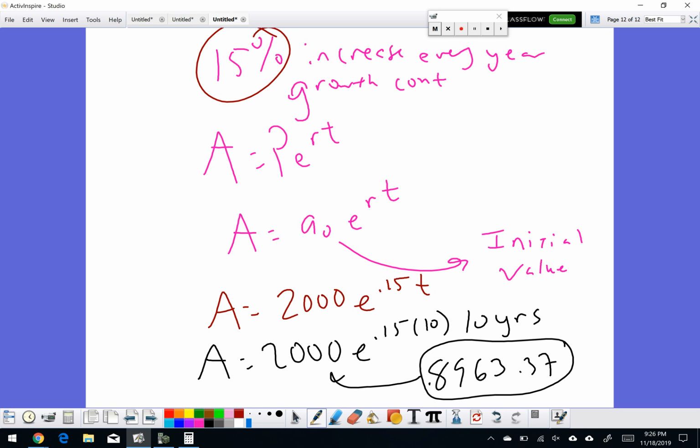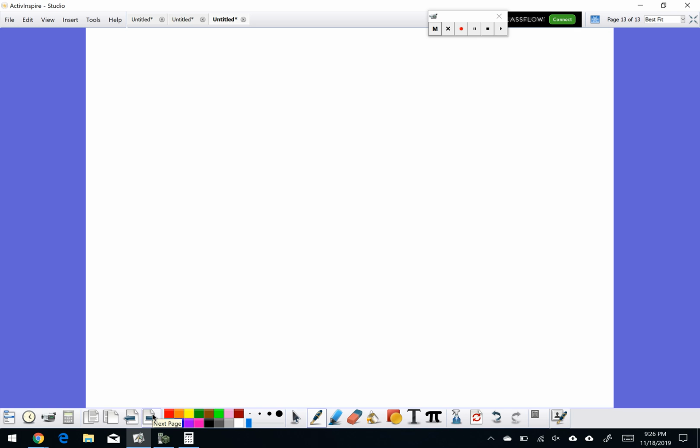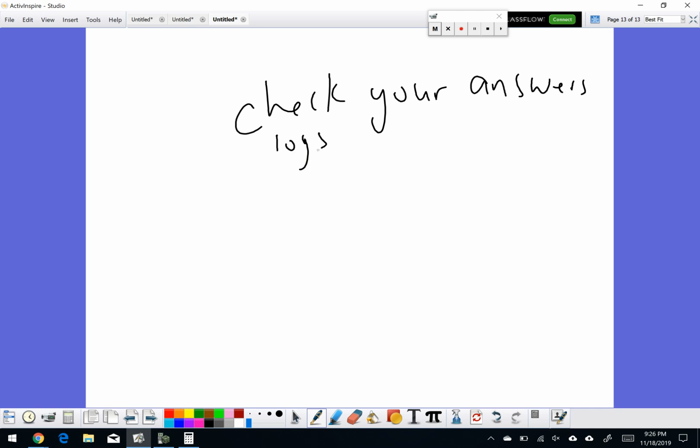Really, that's kind of it for this. The key things that I want you to remember is, one, check your answers, especially in the story problems. Do they make sense? In the logs, remember, log base something of b, but b always has to be greater than 0.